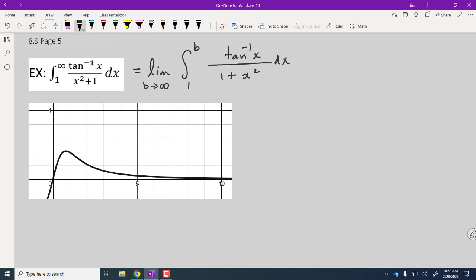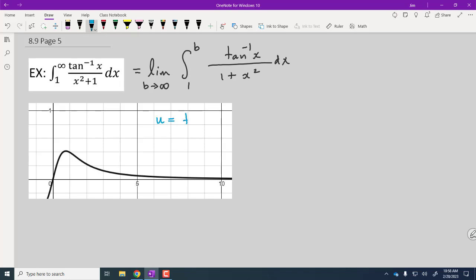If you were to let u equal 1 plus x squared, the derivative is 2x, and there's no 2x in there. So there's two choices for the substitution, the numerator or the denominator. Letting u be the denominator does nothing, because there's no 2x. But the derivative of arctan is there. So this is actually going to work out way easier than you might suspect.